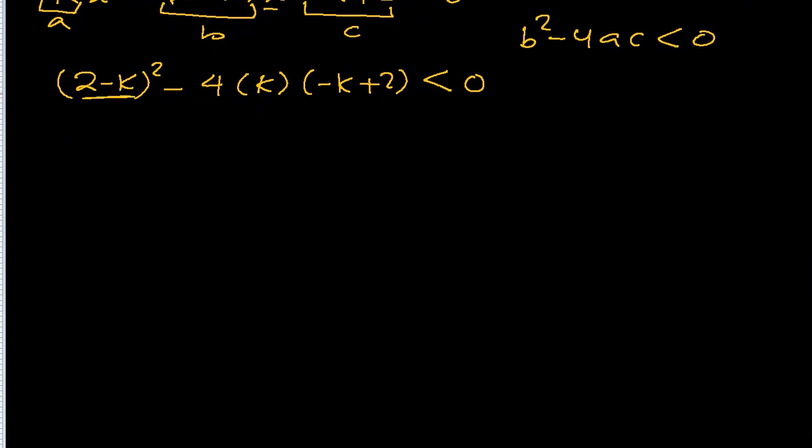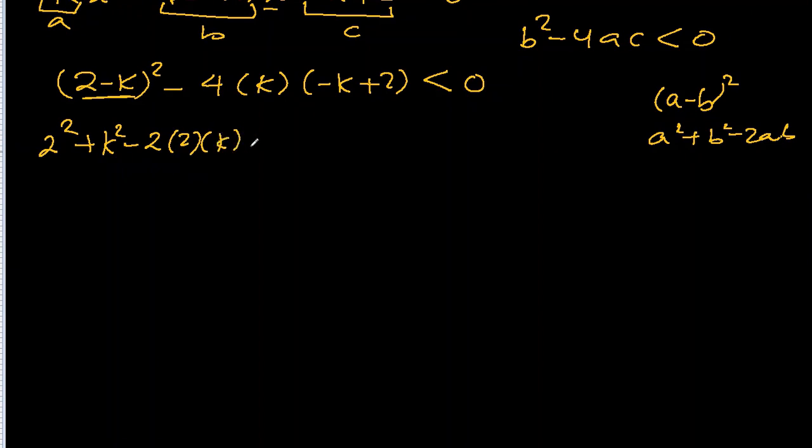Let me expand this by the identity (a minus b) whole square is a square plus b square minus 2ab. So it will be 2 square plus k square minus 2 times 2 times k. Now minus 4k multiplied by minus k will be positive 4k square. Minus 4k multiplied by 2 will be minus 8k. And less than 0, that's what we want.